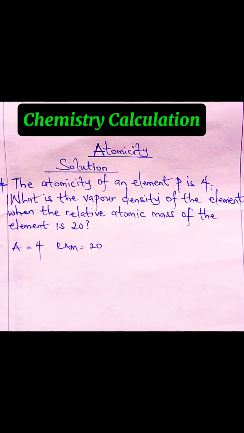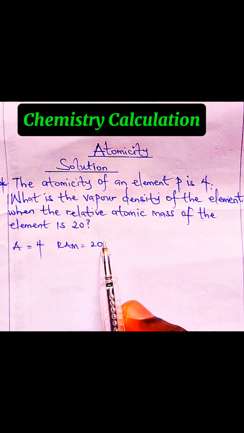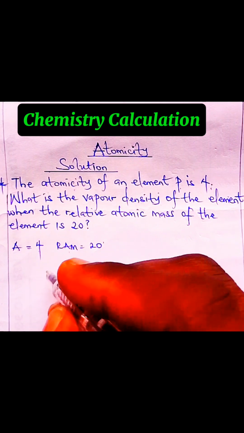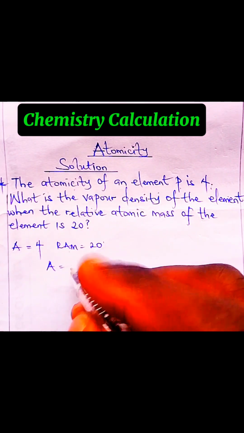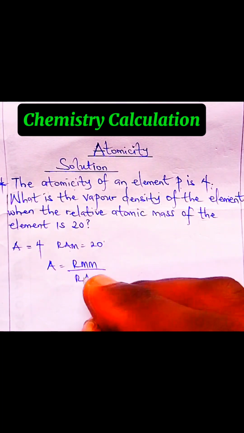Please, before we go into this, if you're seeing this exposition for the first time, you could go through what we learned in the previous exposition for 100% understanding. So atomicity is 4, RAM, relative atomic mass, is 20. How do we get the vapor density? Now, what's the formula for atomicity? Atomicity is relative molecular mass over relative atomic mass.